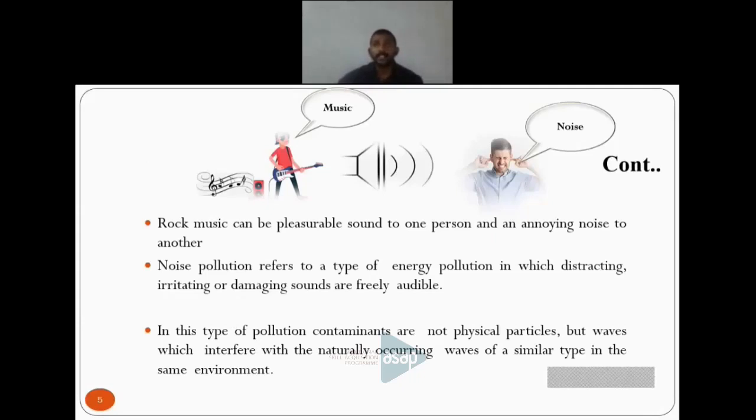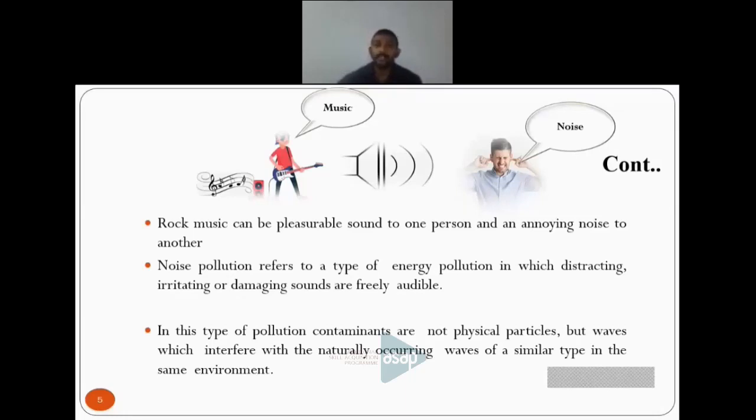In the KTU syllabus, you might already have studied the first, second and third modules related to pollution: the first is air pollution, the second water pollution, and the third soil pollution. In air pollution, there are particular pollutants such as carbon monoxide and ozone. In water pollution, there are pathogens and organic or inorganic contaminants. These are physical matter or contaminants causing the pollution.